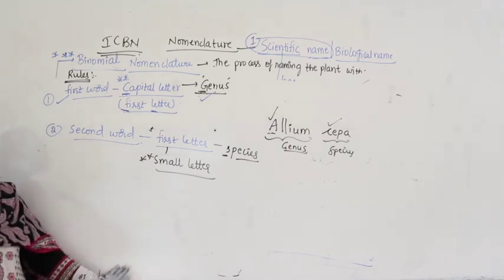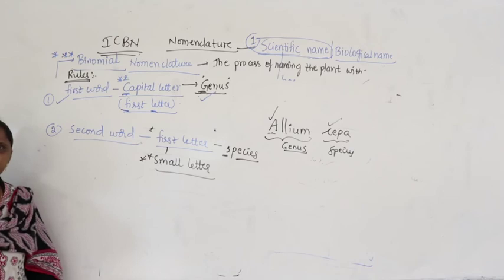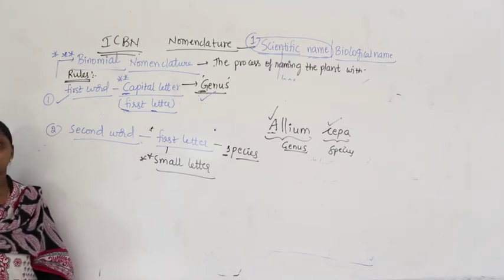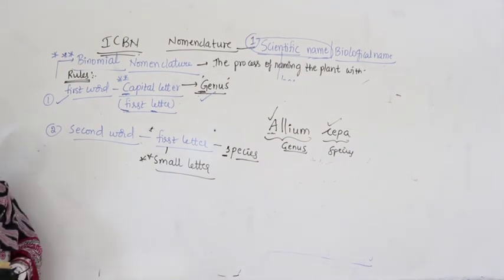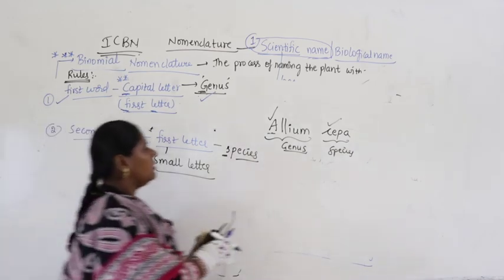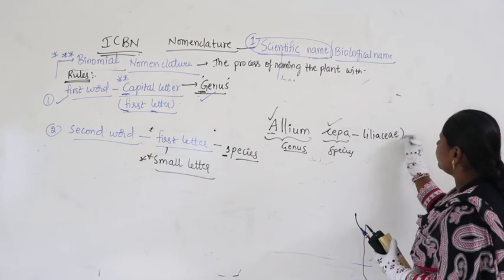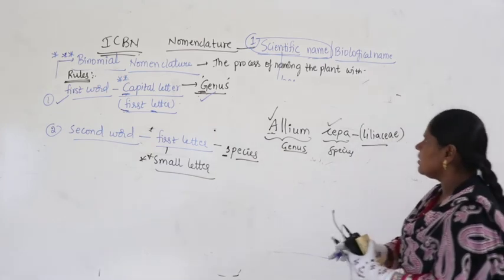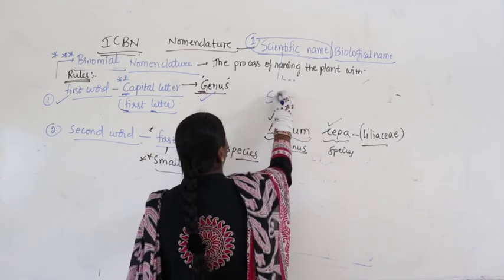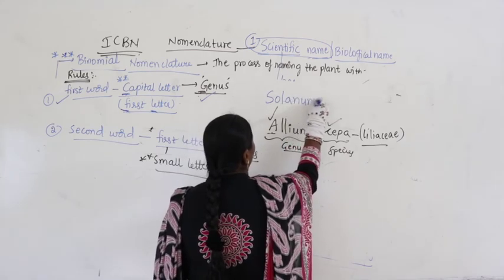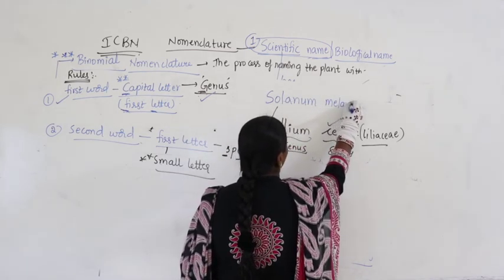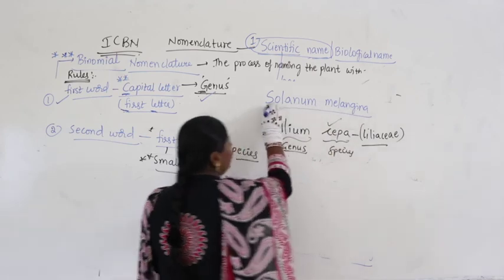Let us continue with the rules of binomial nomenclature. Allium cepa belongs to the family Liliaceae. Let us take Solanum melongena.